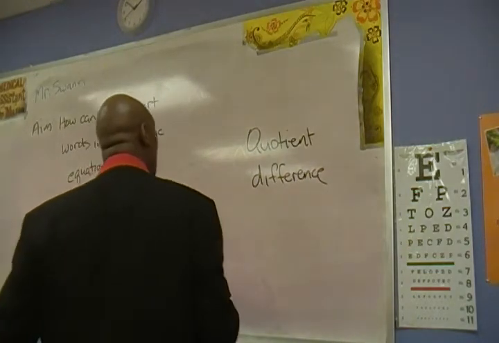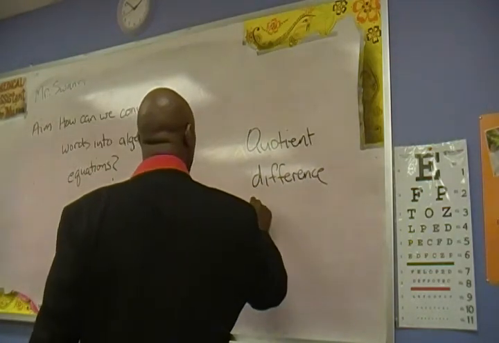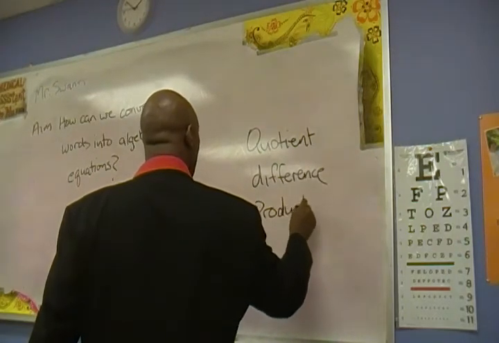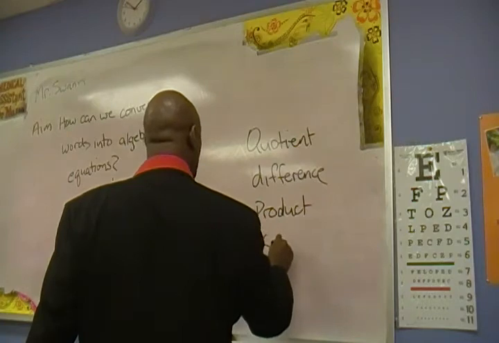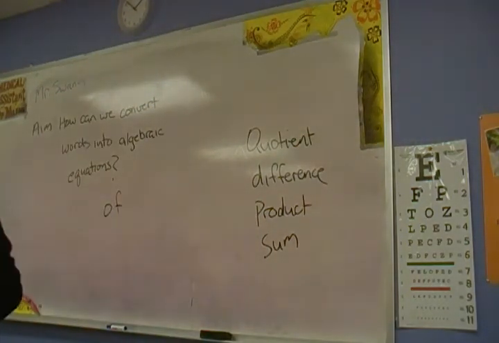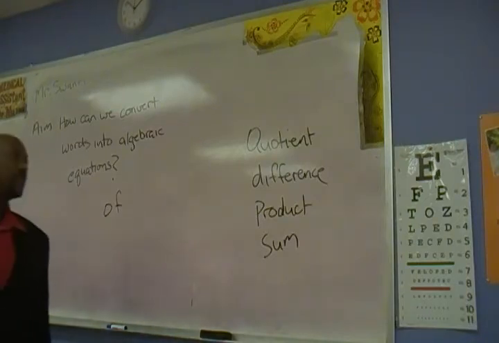I want to tell you product. And I want to tell you sum. Those are 4 different operations.